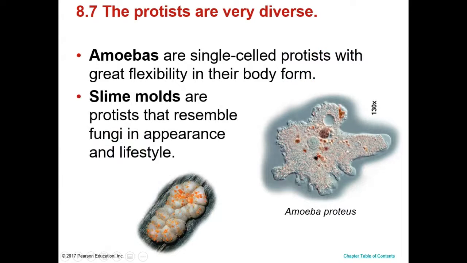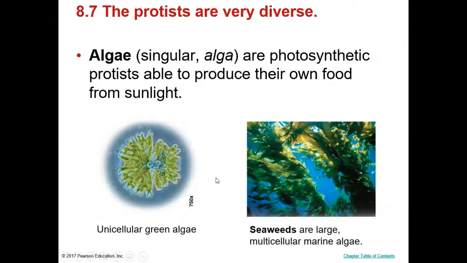Amoebas are other protists, and given that their cytoskeletons are different, they're weirdly shaped unicellular organisms. These amoebas can also cause very serious illnesses. Slime molds are others. They resemble fungi, but again, they're protists.